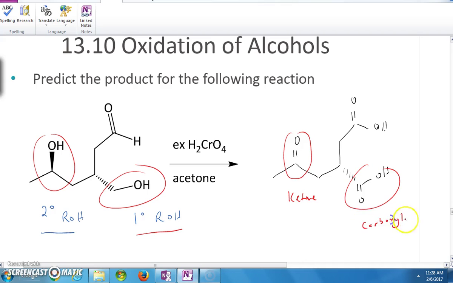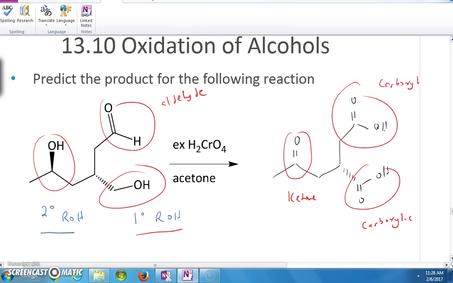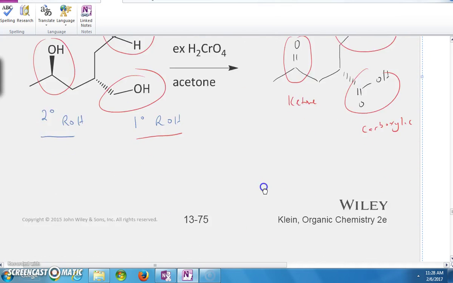Also note that because you have an aldehyde here, the aldehyde will also be oxidized to the carboxylic acid. So this is a pretty harsh reagent. But if you want something milder, then you use PCC. PCC is mild because it will only take the primary alcohol to the aldehyde, and it will take the secondary alcohol to the ketone.